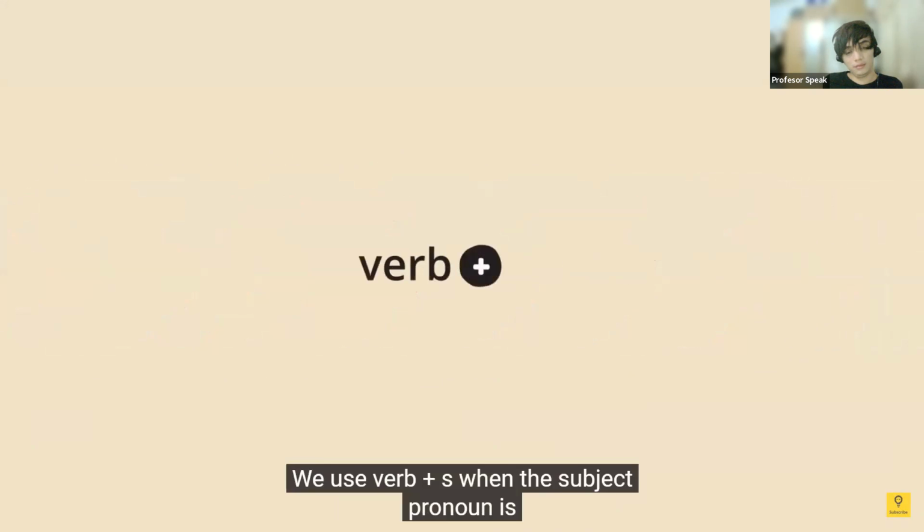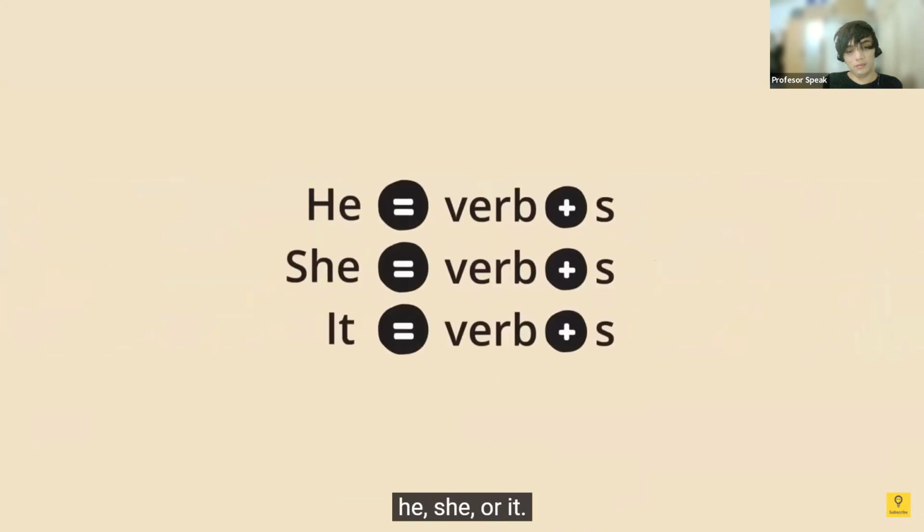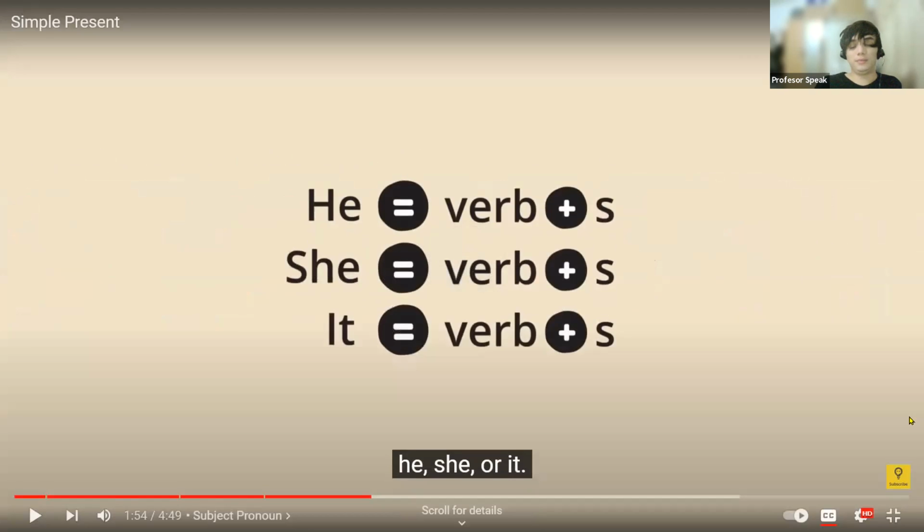We use verb plus s when the subject pronoun is he, she, or it. So we're going to add an s at the end of the verb when we are using third person singular. In this case, if we use he, she, it, or singular nouns, we are going to use the verb plus an s.